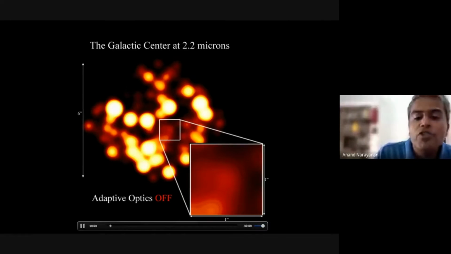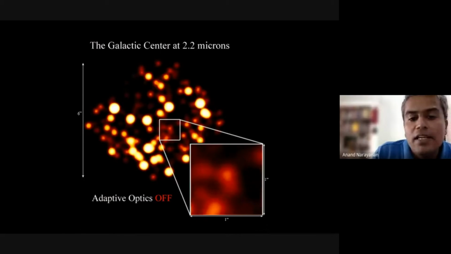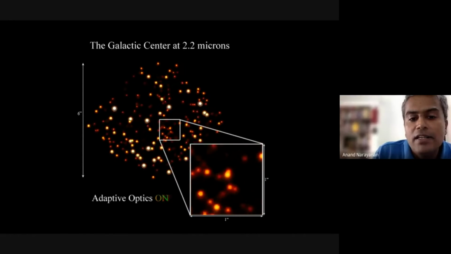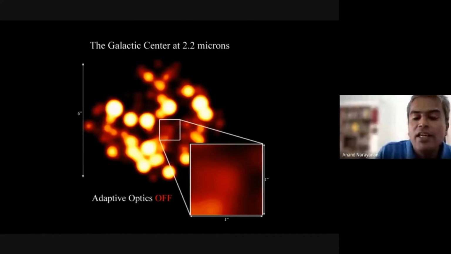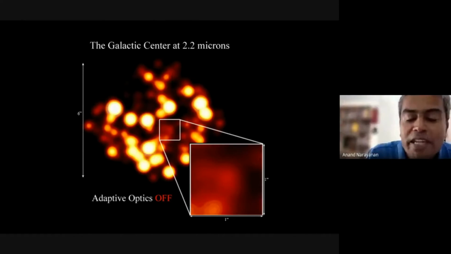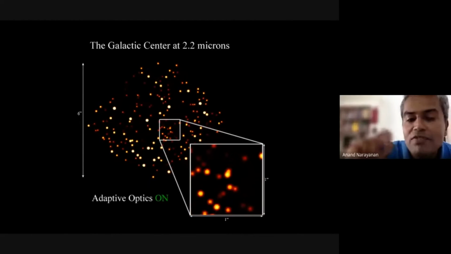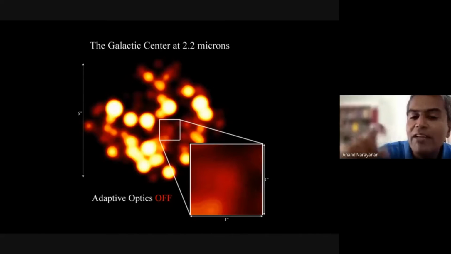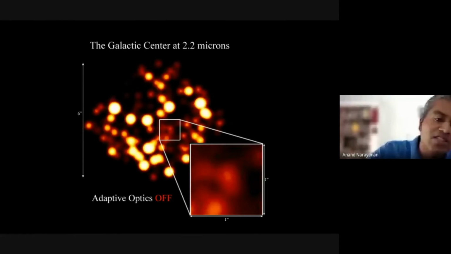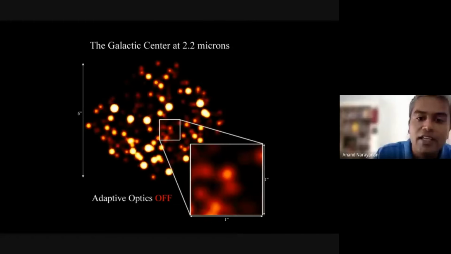Now, if you switch on adaptive optics, then the image becomes very sharp. So once the image becomes very sharp, it becomes very easy to measure the exact positions of stars and carefully track their movement in the plane of the sky, and from that measure their positions over long periods of time.